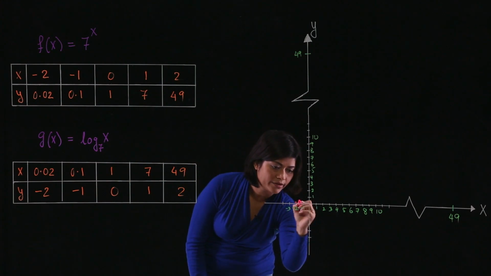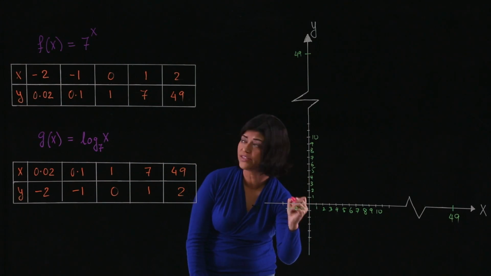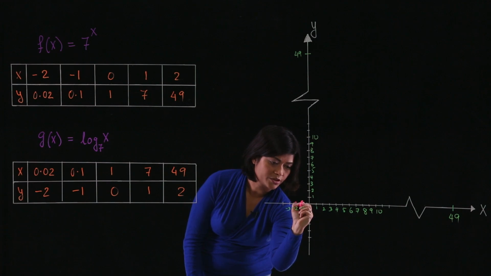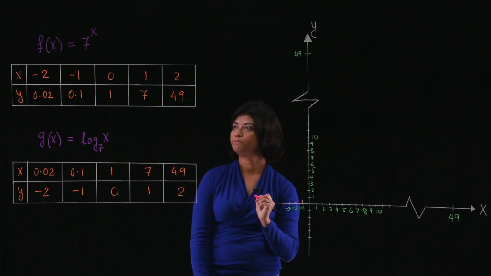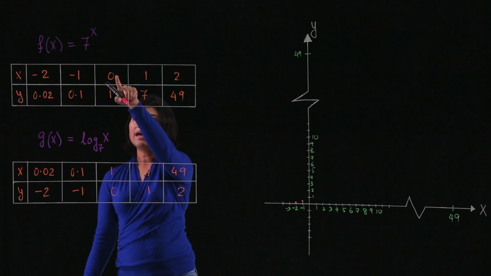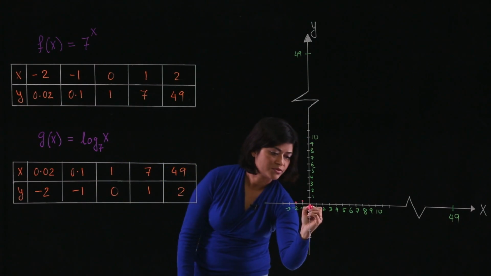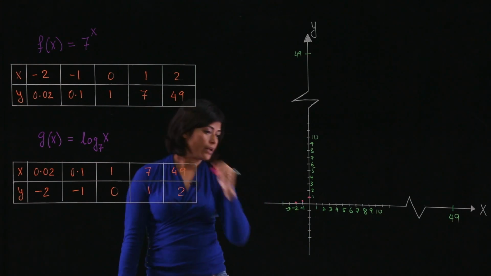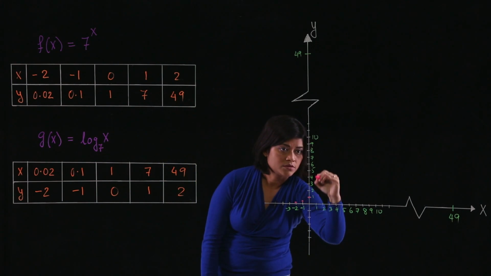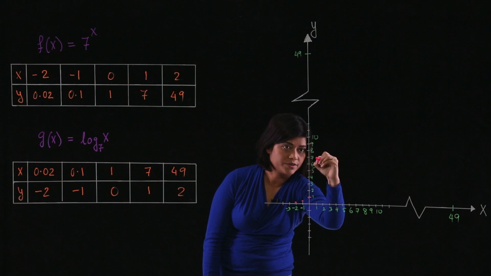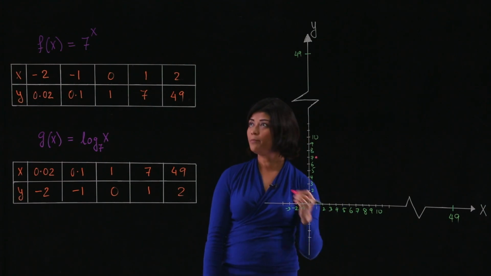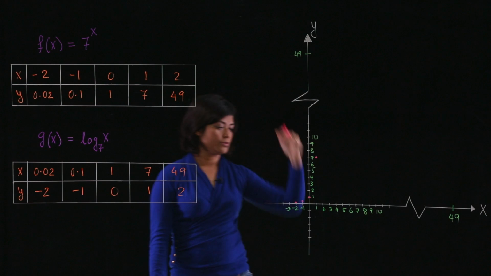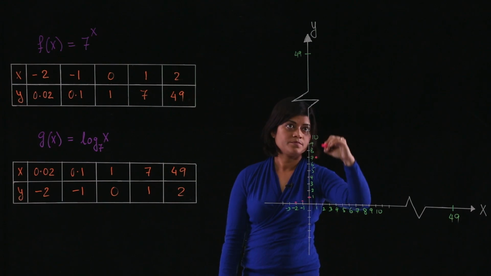Again, at -1, the point is above 0.02, but still pretty close to x-axis. Okay. At 0, we have 1. So this is the point. At 1, we get 7. It's going pretty high up. And at 2, it goes to 49.